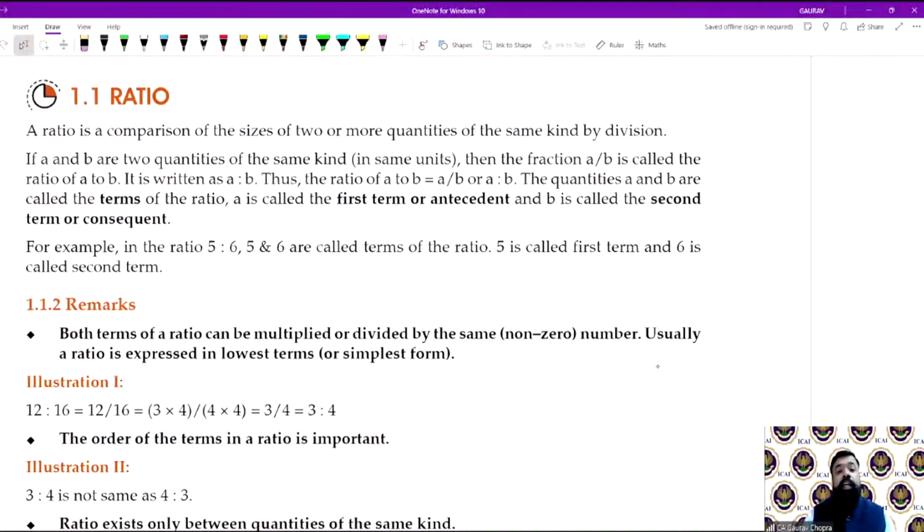For example, if we are preparing a chapati, the key ingredients are wheat flour, salt, and water, right? What will happen if we mix each ingredient in equal proportion, equal quantity of wheat flour, salt, and water? Will that be a proper dough for the chapatis? No, not at all.